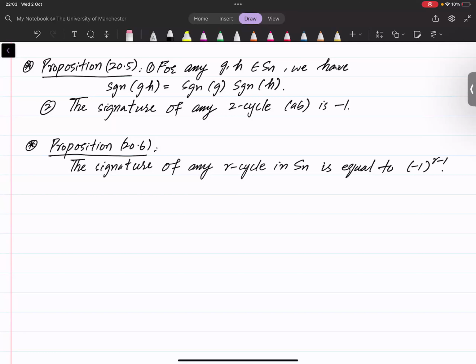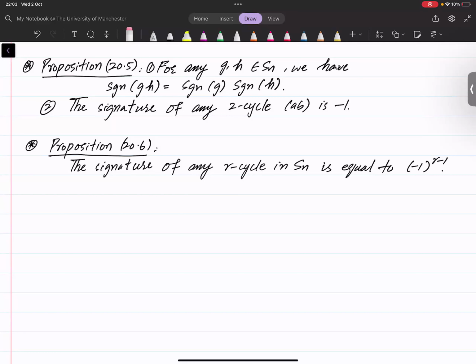We know from proposition 2.20.5 that the signature of any two-cycle is -1. So imagine you have an r-cycle that can be written as a product of 5 disjoint two-cycles. Then you just need to multiply -1 five times.